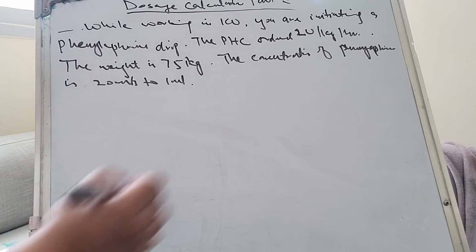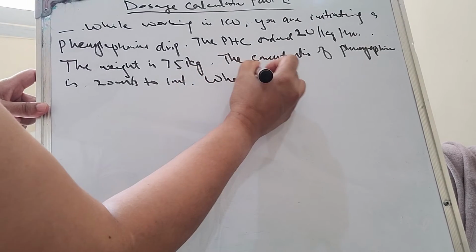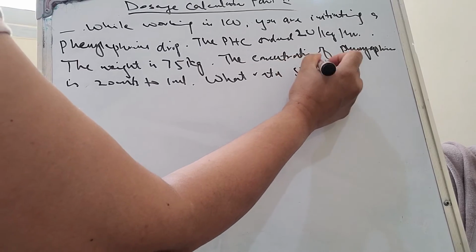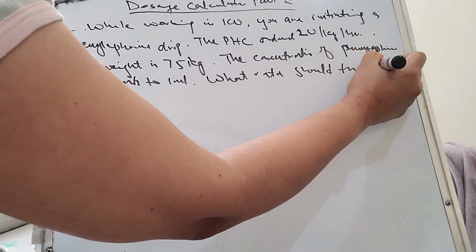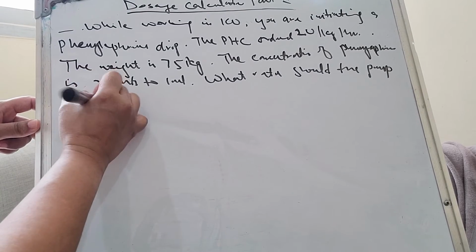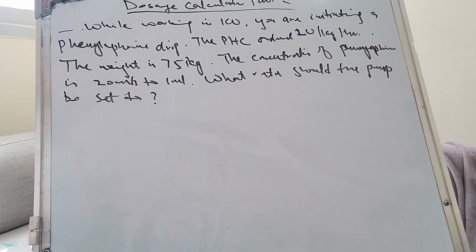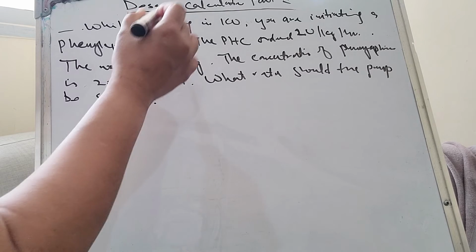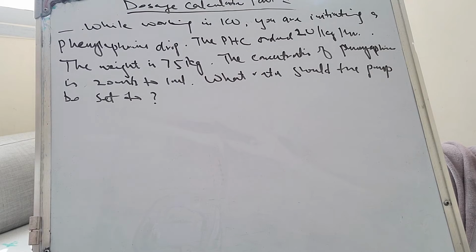What rate should the pump be set to? The same formula we will use here. While working in ICU, you are initiating a phenylephrine drip. The provider ordered 2 units per kg per hour.